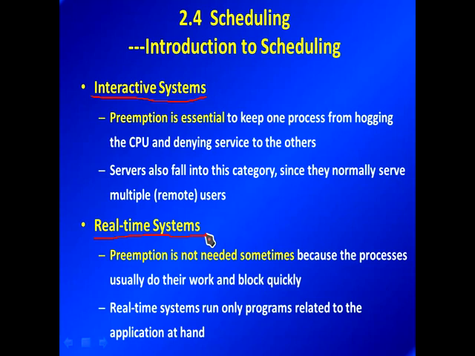Anyway, in real-time systems, usually the processes just need to finish their job in a short time, and they are going to leave the CPU voluntarily, so you don't need to force them to get out of the CPU. Because if you force them to leave the CPU, it might cause some fatal results, because you push them out before they finish their jobs, and their jobs must be done before the deadline.